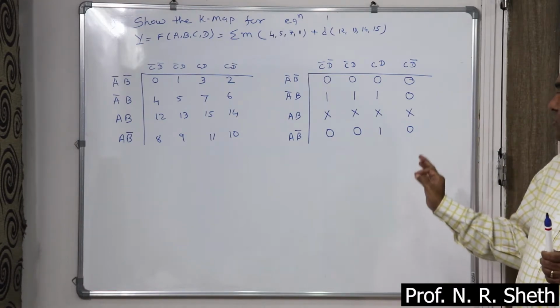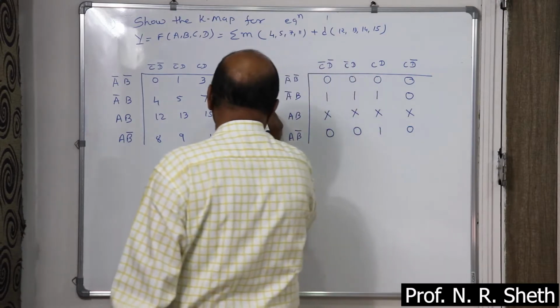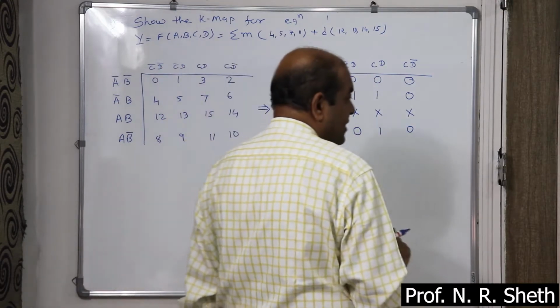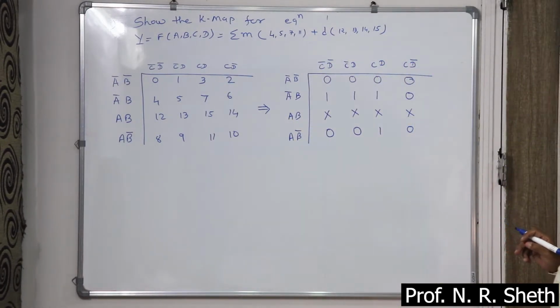Now you have to simplify this K-map by placing zeros and ones at appropriate places.